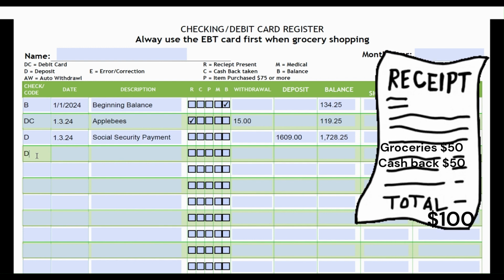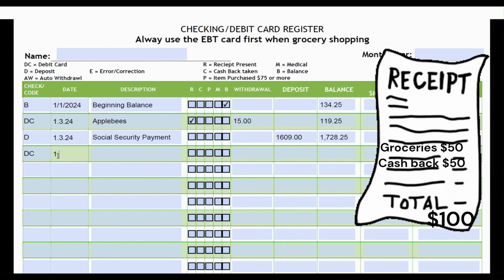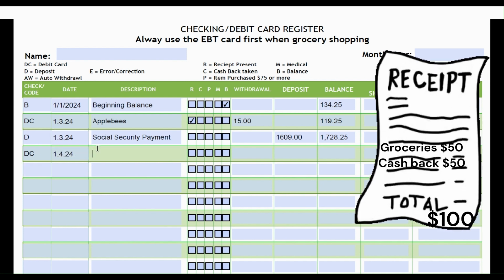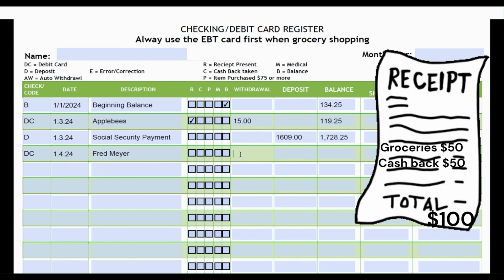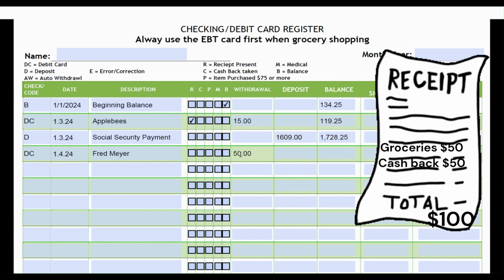So first we have the debit card. We're going to say 1/4/24 for the date. We went shopping at Fred Meyer. And so the amount of the groceries was 50. I'm doing 50 just to make it easy, a flat number.